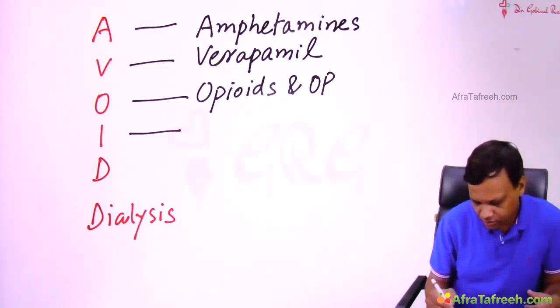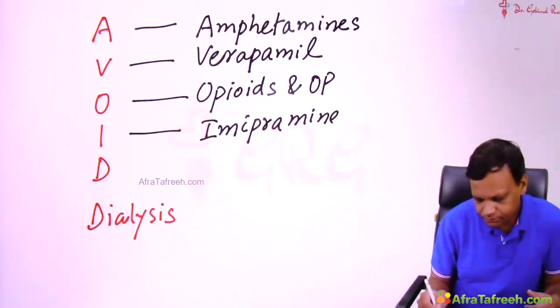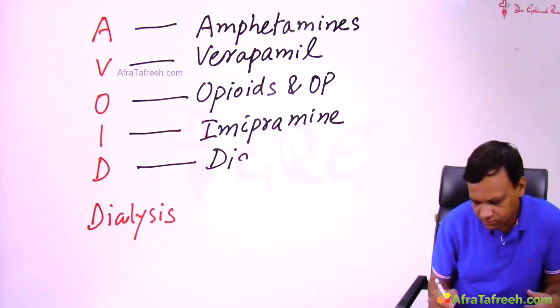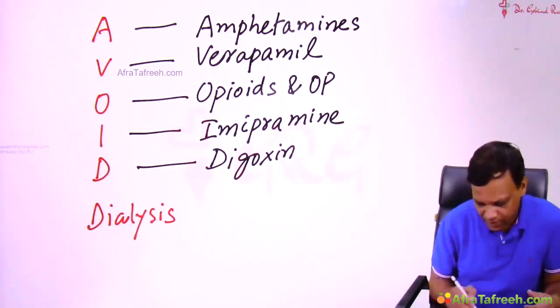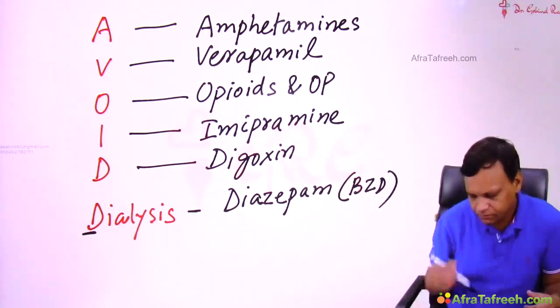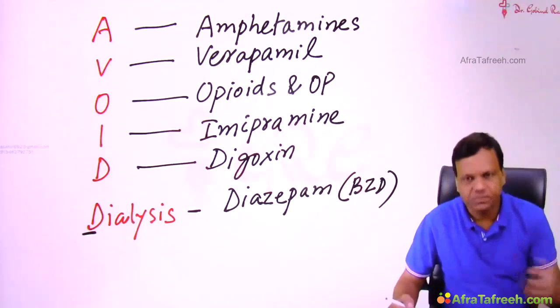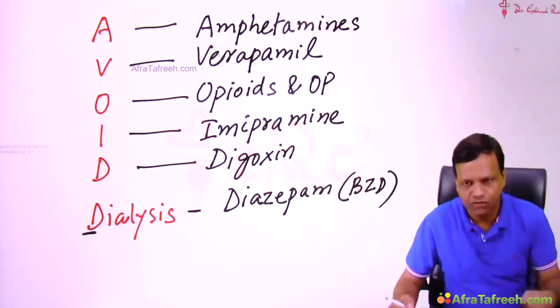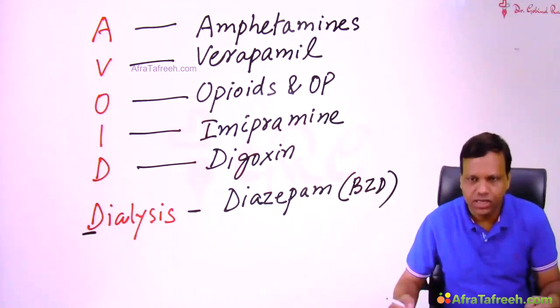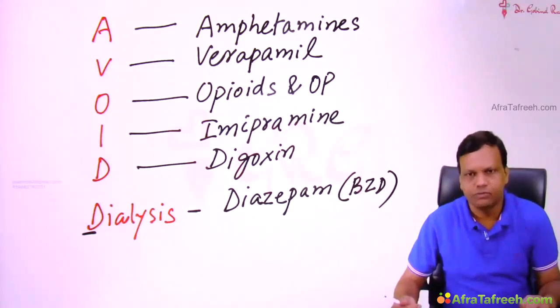I for imipramine. D for digoxin, and D for diazepam. Not only diazepam, most of the benzodiazepines. So dialysis is not effective in AVOID dialysis: amphetamines, verapamil, opioids and organophosphates, imipramine, digoxin and diazepam. So these are the important things regarding dialysis and drug poisoning.